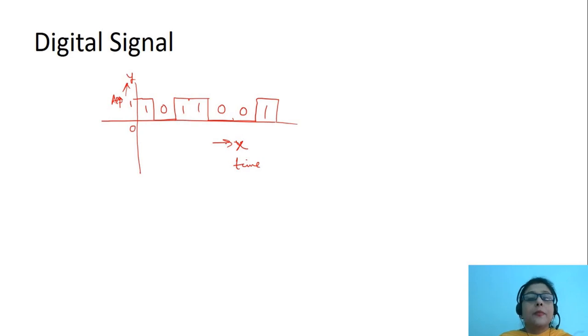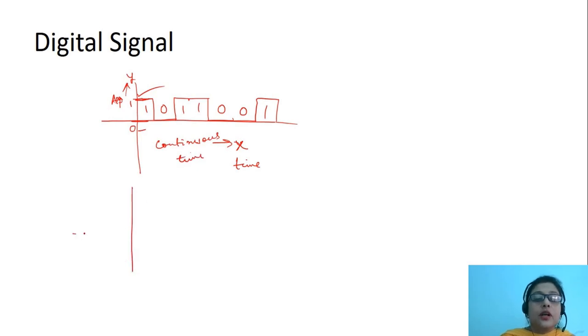So this is a digital signal in the sense that there are only two levels of the signal, the 0 level and the 1 level. So it has a finite number of levels along the y-axis. Now along the x-axis, it exists for each and every interval of time. So it is a digital continuous time signal.